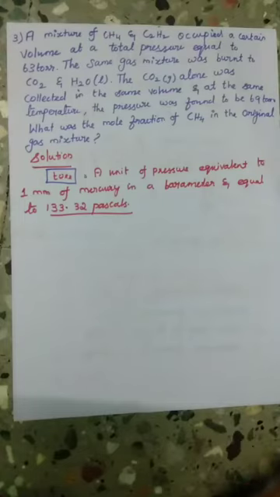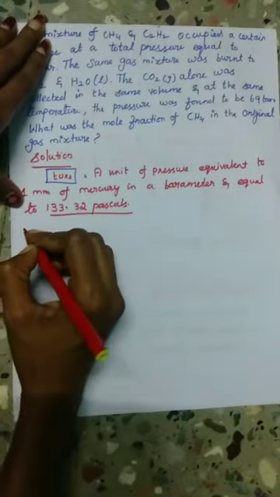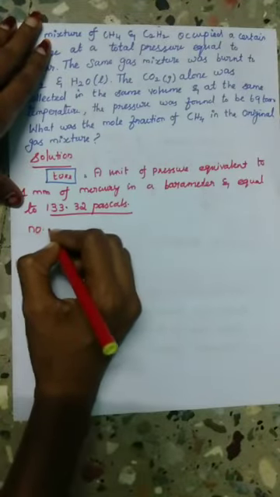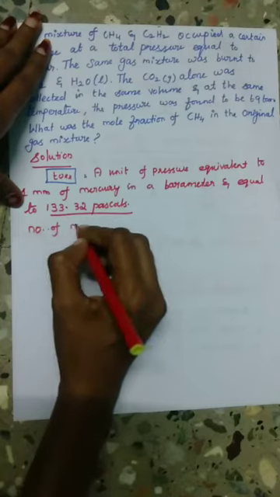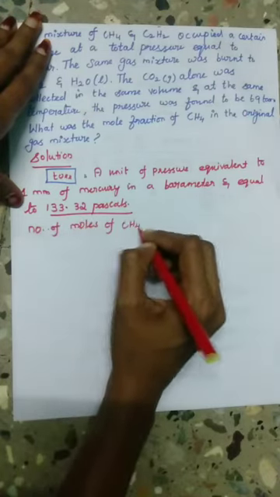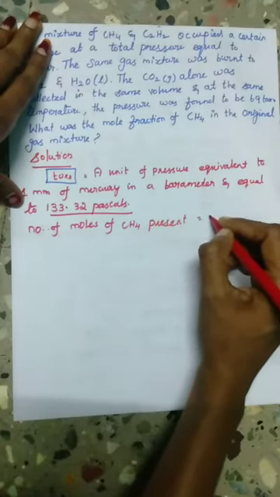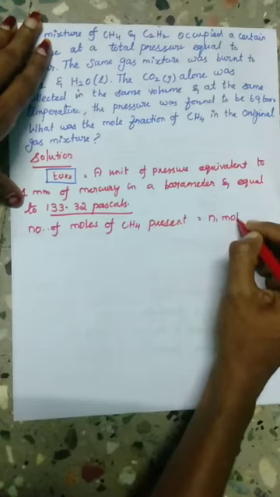So let the number of moles of CH4 present be N1 mole.